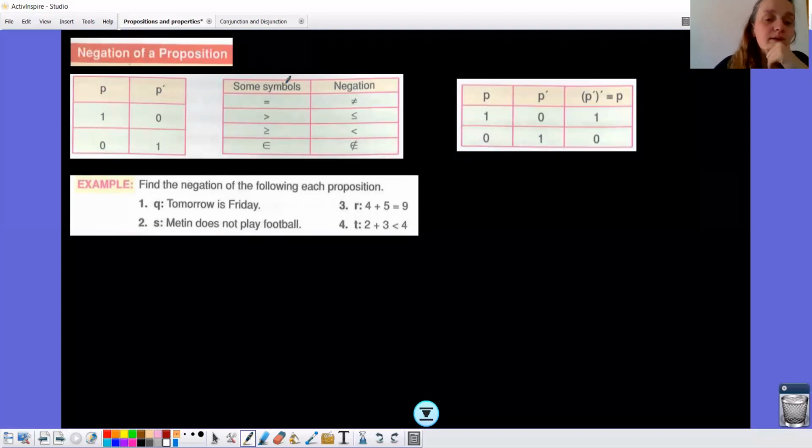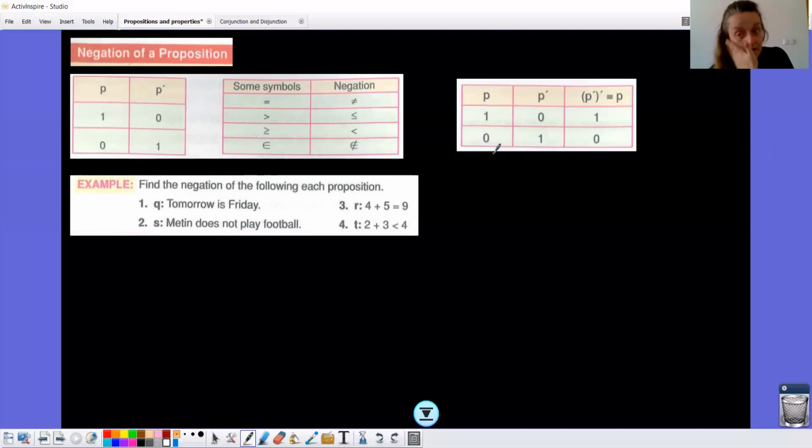So for example, in some symbols, if you have equal, the negation of it is not equal. If you have greater than, the negation of it is less than. If you have element of something, the negation of it is not element of something.